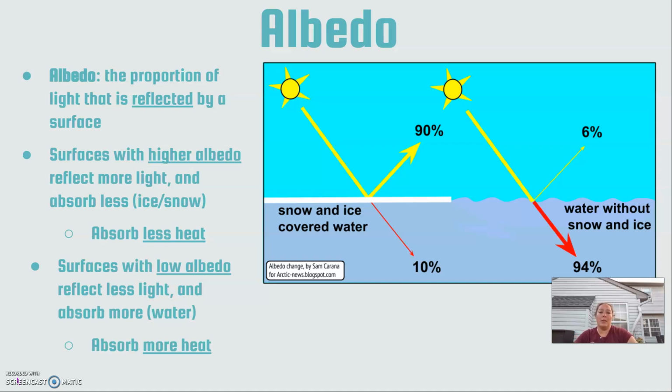So things like snow and ice actually help keep the Earth cool because they're reflecting light away from the Earth. Whereas darker surfaces, water that doesn't have snow and ice, paved land, any sort of land that is developed is going to absorb more heat because it has a lower albedo, so it reflects less light, which means it actually warms the Earth's surface rather than cooling it.